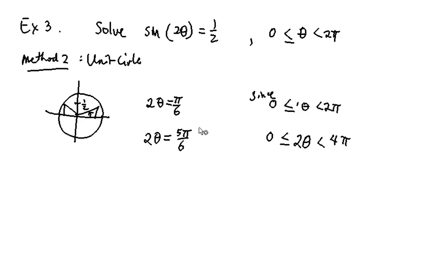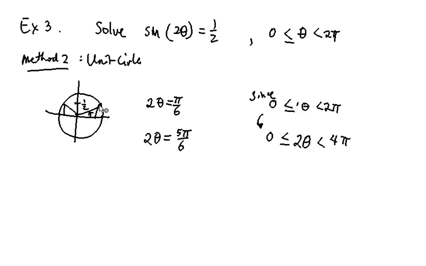I'll explain why we're doing this. Right now I only have 2 answers because I've only rotated from 0 to 2 pi. But since we're talking about 2 theta, we have to change this to rotate to 4 pi. So this is my new range, right?